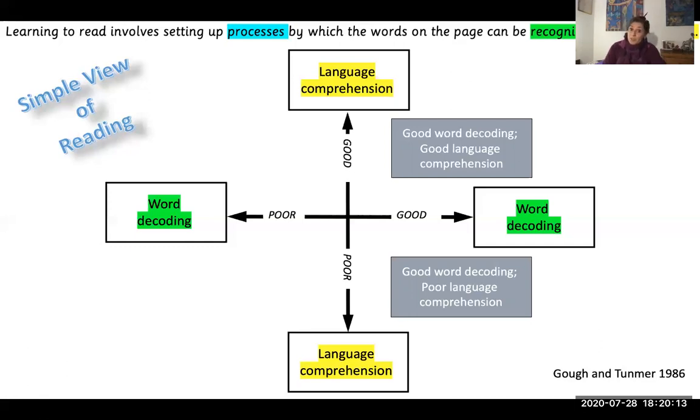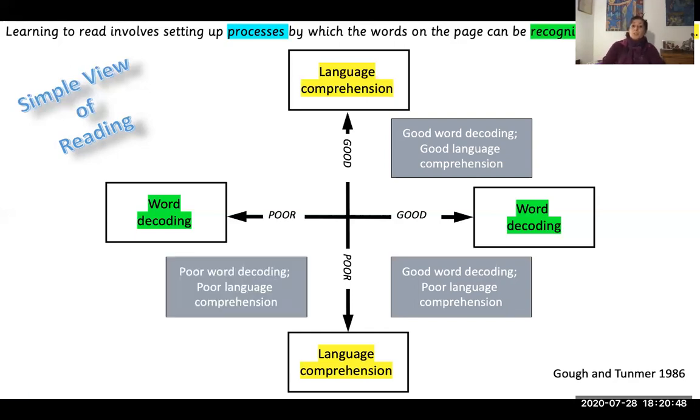What we do with these children is we prepare material for them to be able to level up the language comprehension that is behind. So probably when they are reading, we ask them again and again questions on reading comprehension to improve their skills of understanding at literal level, at inferential level, and evaluative level.